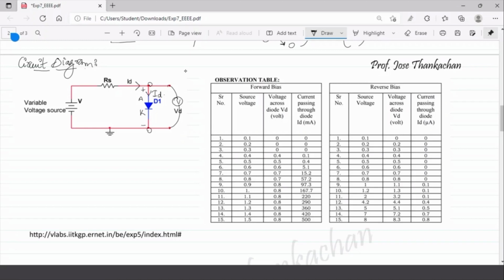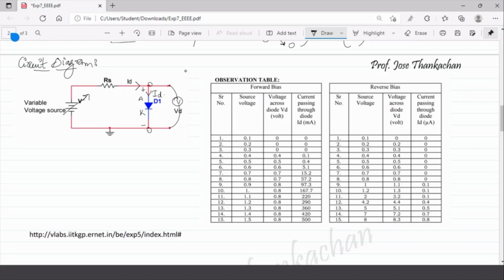In order to limit the current flowing through this diode, because once the cut-in voltage is crossed the device will start conducting, and the current will only be limited by the load circuit, we need to limit that current, otherwise it is almost a short circuit to the supply. So we have a variable voltage source here, in series with which we connect a resistance Rs. This is for the safety of the device.